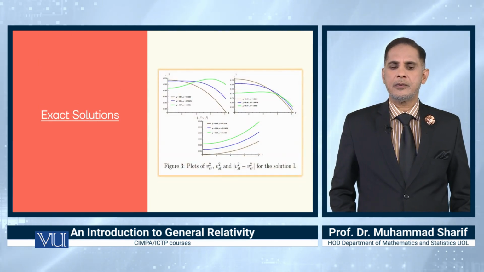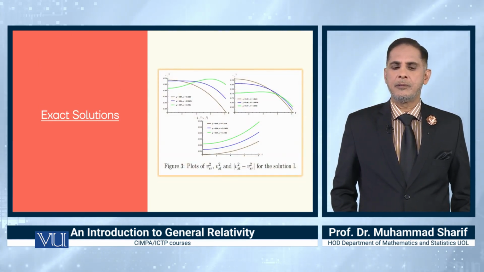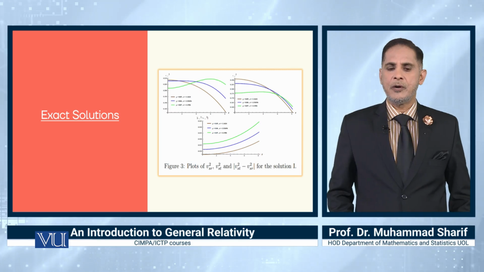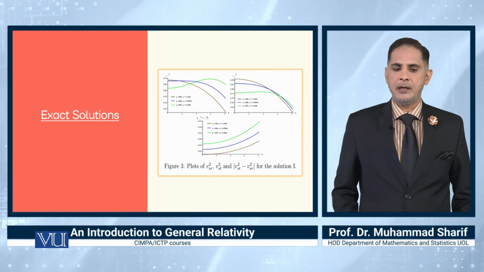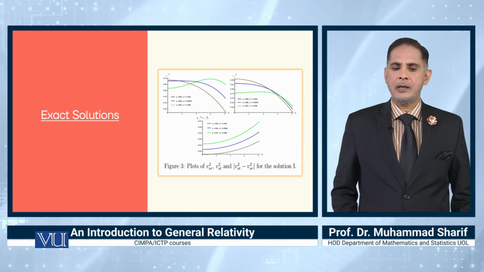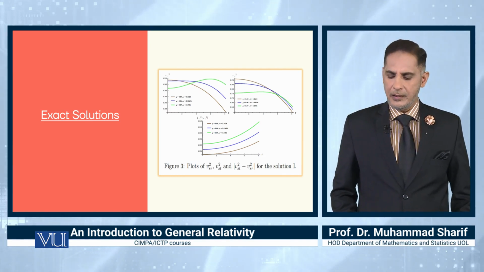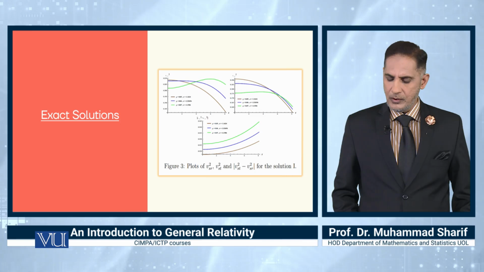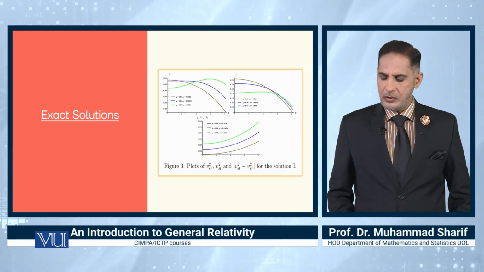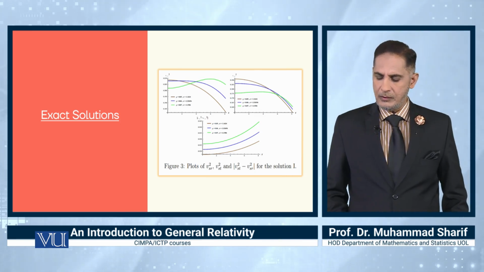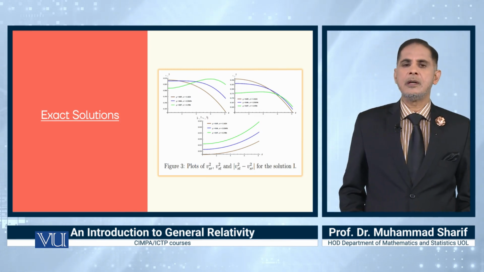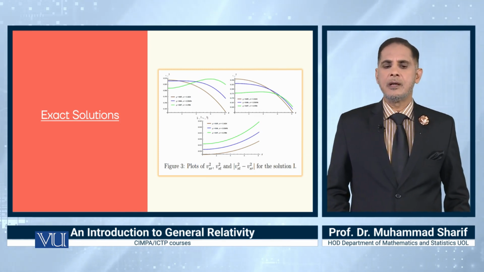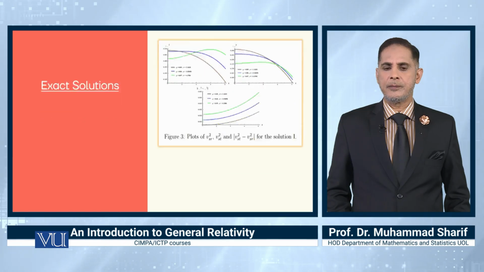And next you can see the behavior of sound speed, again in the radial and tangential directions, and you can see that the values of radial and tangential sound speed lie between 0 and 1. So, this indicates the stable behavior of our solution.